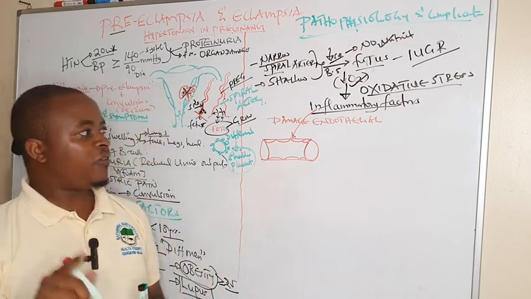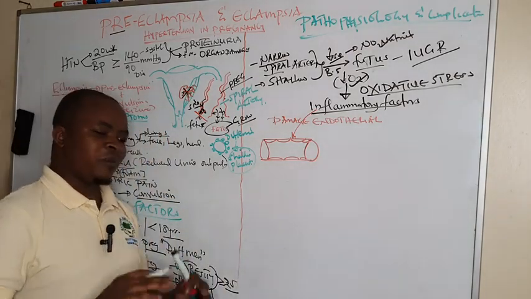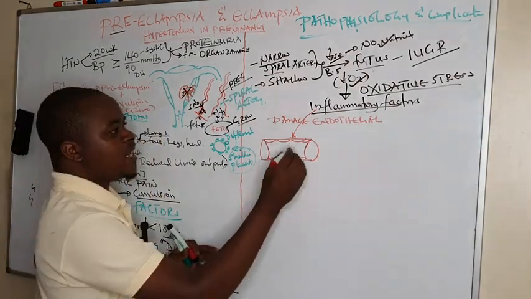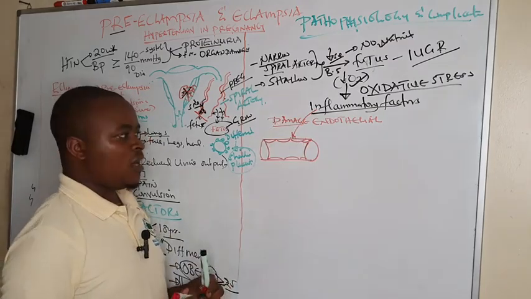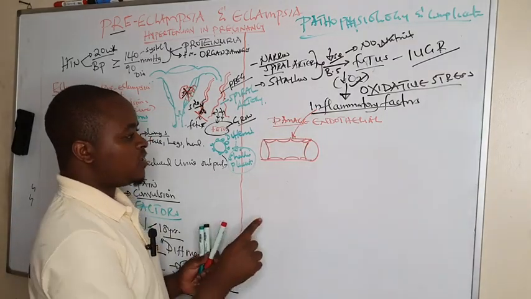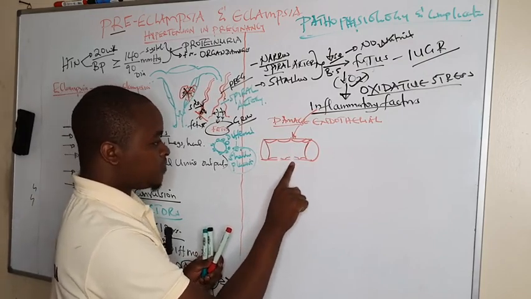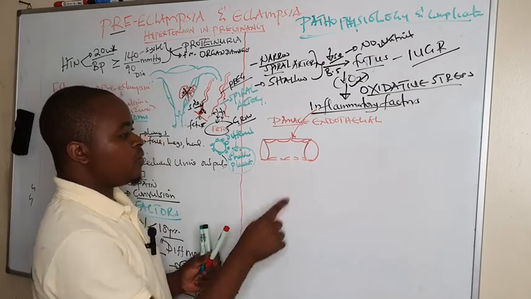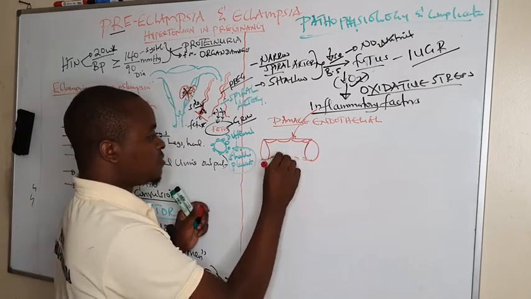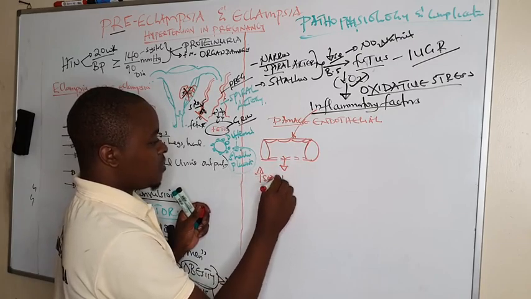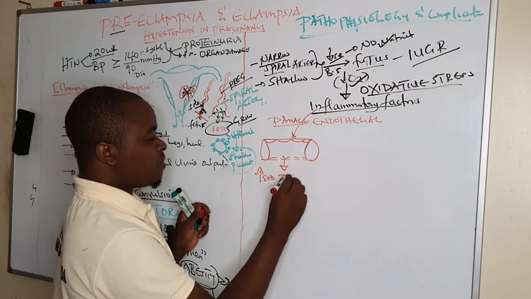This one affects the mother. So the blood vessels of the mother who is carrying the fetus are going to be damaged or destroyed. This damage is going to cause leakage. It is going to cause increased capillary or blood vessel permeability.